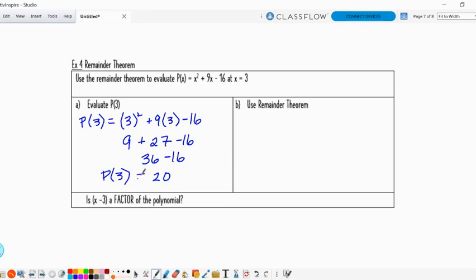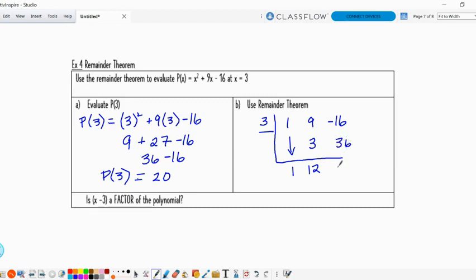So f(3) equals 20. The remainder theorem tells us if we set up synthetic division with 3 and this polynomial, which goes 1, 9, -16, our remainder should also be 20. So I'm going to drop down the 1. 1 times 3 gives us 3. 9 plus 3 is 12. 12 times 3 is 36.